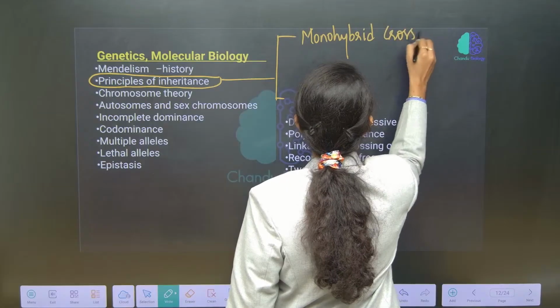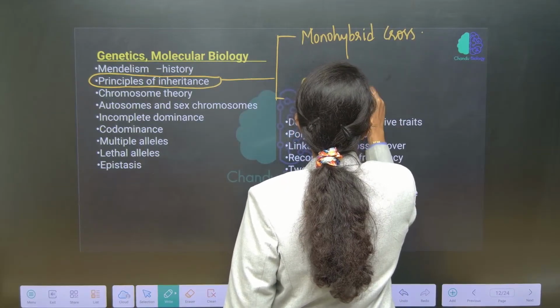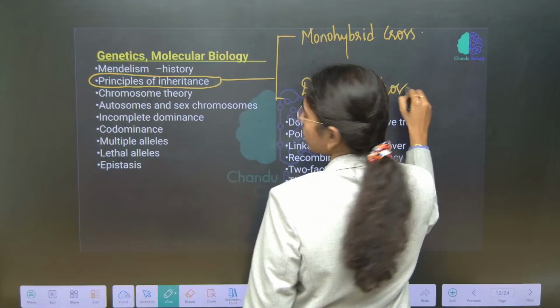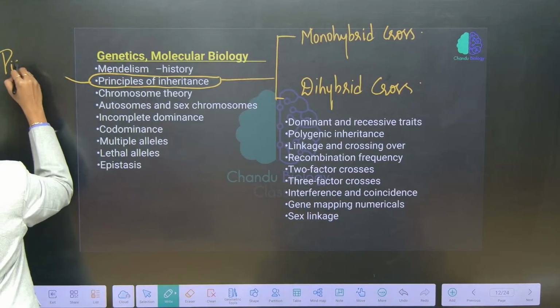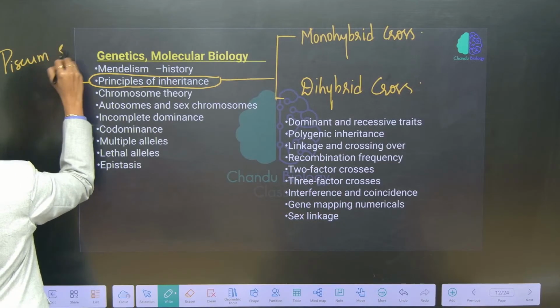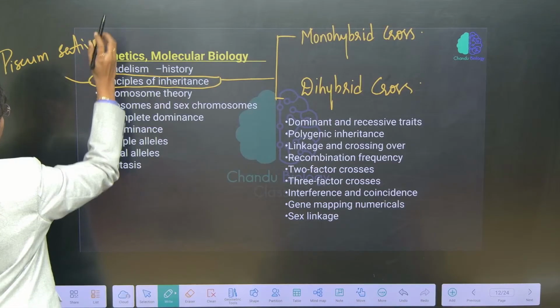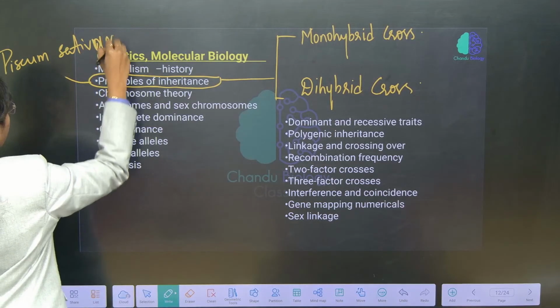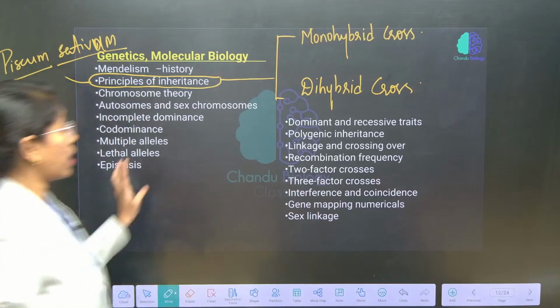One is derived from dihybrid cross of Mendel. Model organism is P, right? Pisum sativum. Why Pisum sativum also we should know, because statement based questions can be expected.